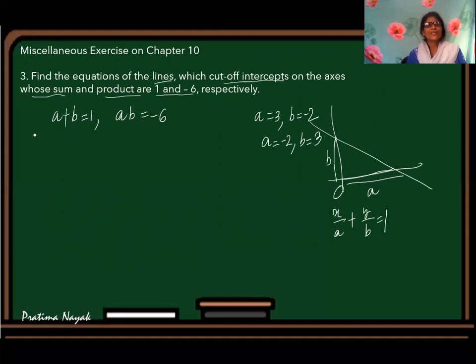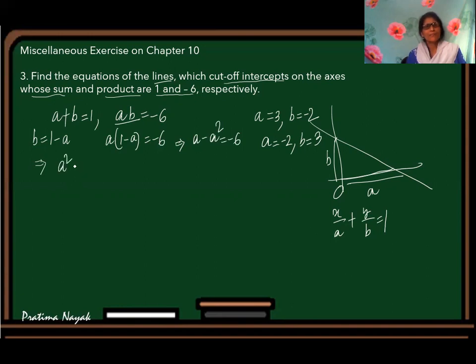In place of B, I'll write 1 minus A, and put it in the second one. So this will be A into 1 minus A is equal to minus 6, or A minus A square is equal to minus 6. Bringing everything to one side, I get A square minus A minus 6 is equal to 0.